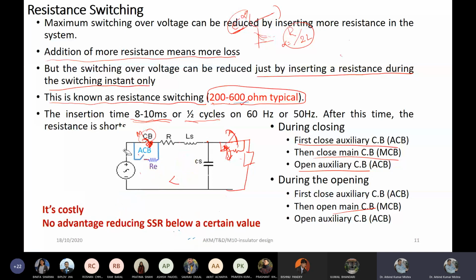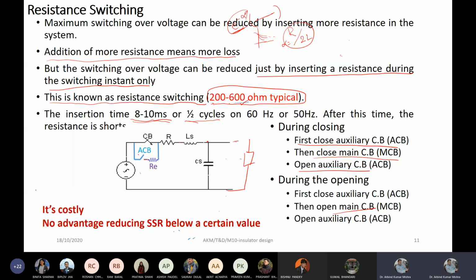You must remember that it should operate only for the transient over voltage and should not operate for the temporary over voltage. I have given you the hint in the previous classes also. So once you reduce the switching surge ratio, you also need to reduce the temporary over voltage. Otherwise, there is no use.